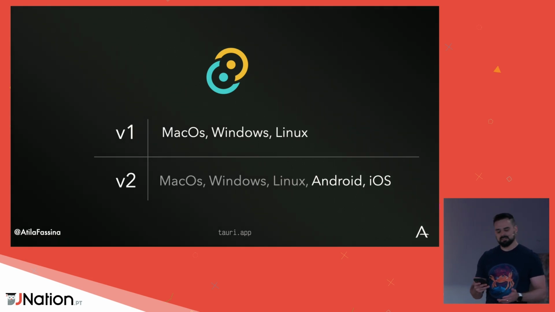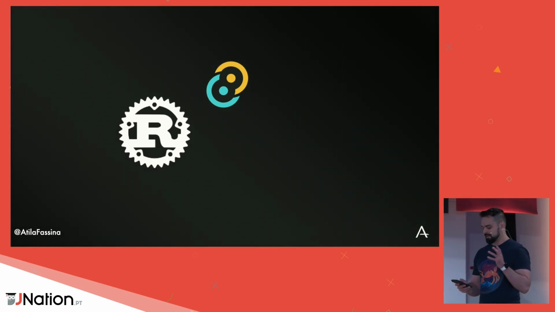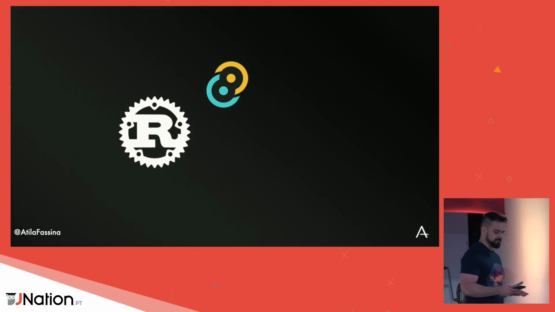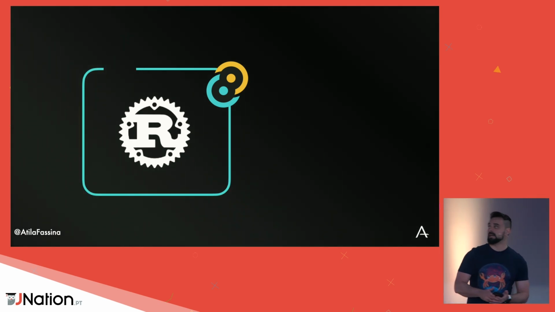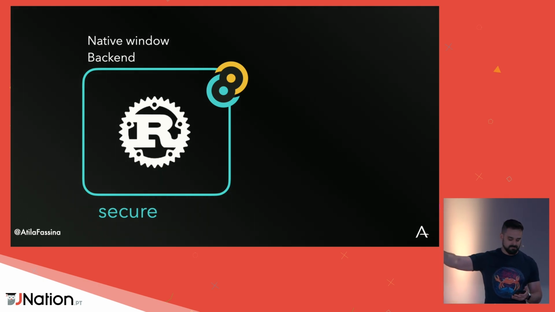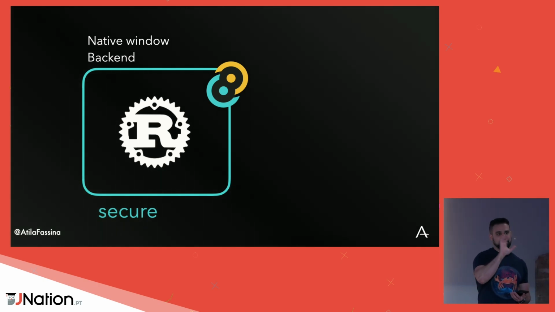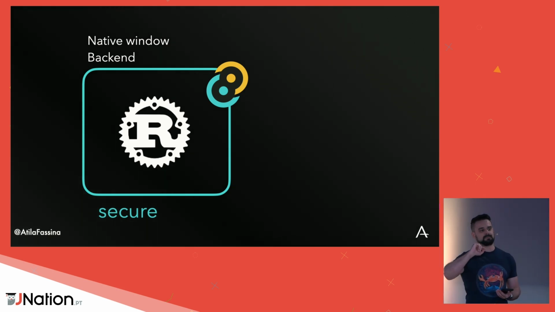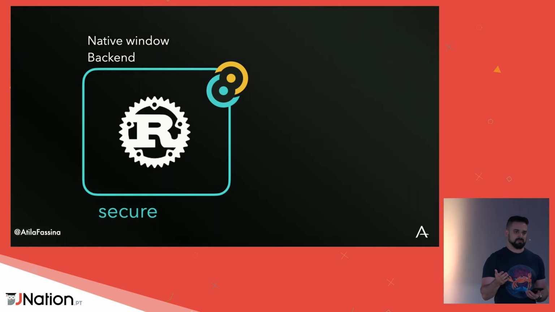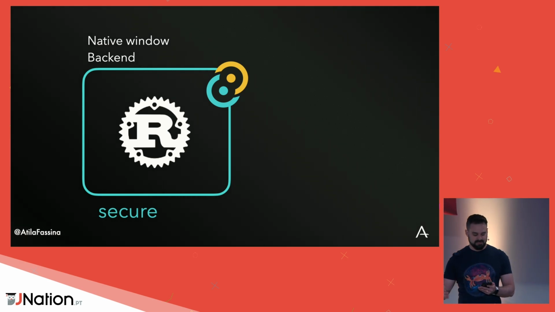But how does Tauri accomplish that? Tauri, as I mentioned, is based on Rust, so it has two main components. The first one is the native window management system, which we call Tao. It's built on Rust, and that's the part that makes the connections with the system calls, so you can actually write native code with Rust.